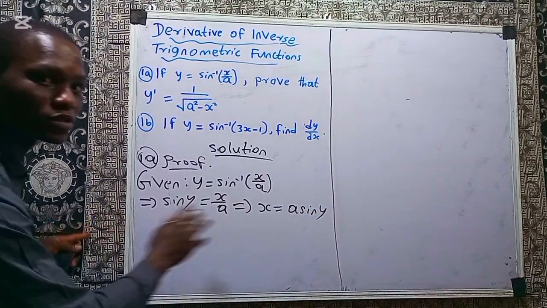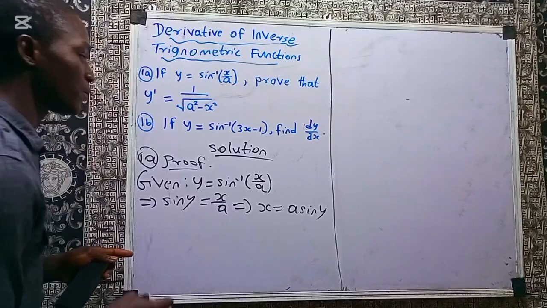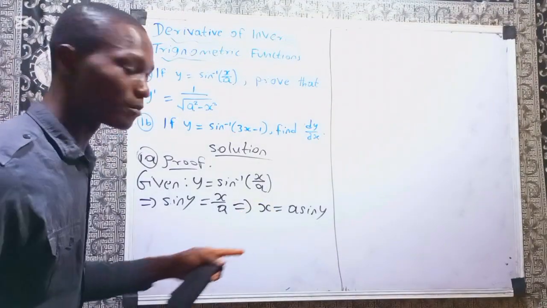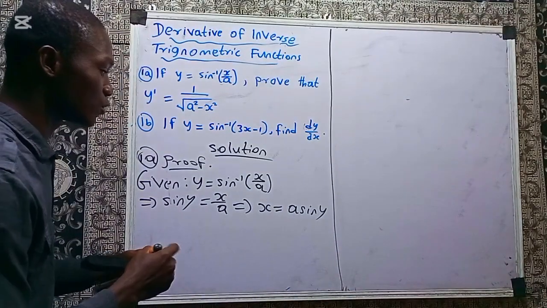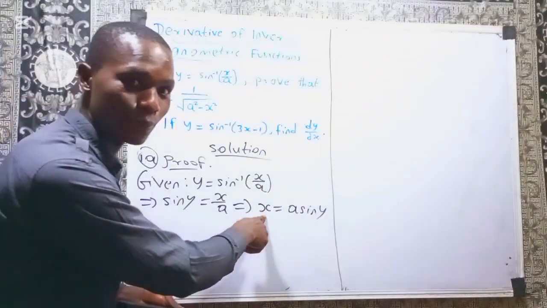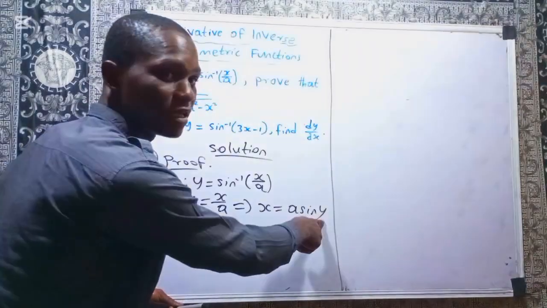So I multiplied both sides by a, the denominator. So now the one that is made the subject of the formula is x, which means that in this equation now we have x as the dependent variable and y as the independent variable.